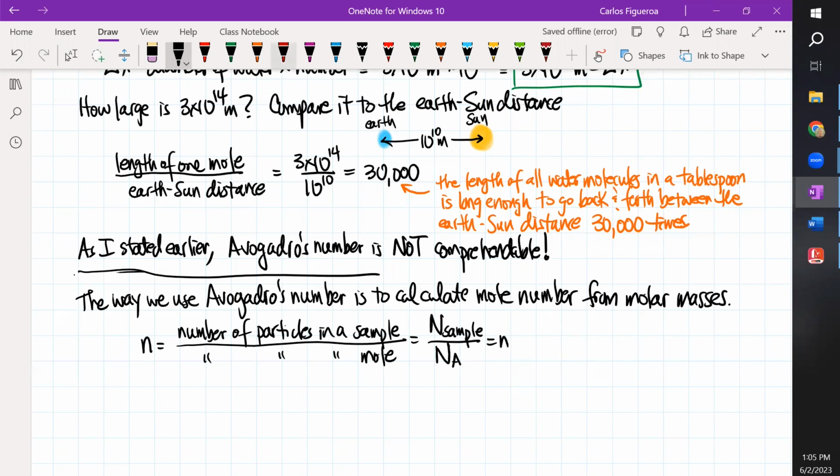This is one way that we can define the mole number. This becomes useful in the third chapter, but not here.